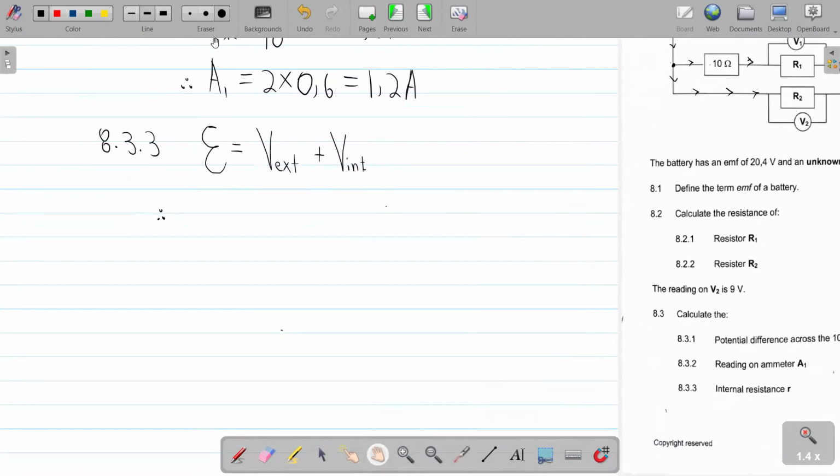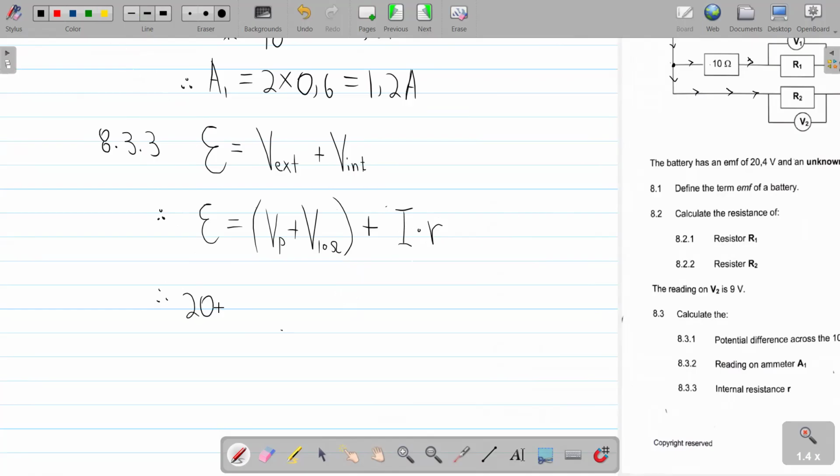So we can see that EMF here is made up of the external voltage, which is VP plus the 9 ohm voltage, plus the internal, which is I multiplied by R. So this means that the EMF is 20.4.